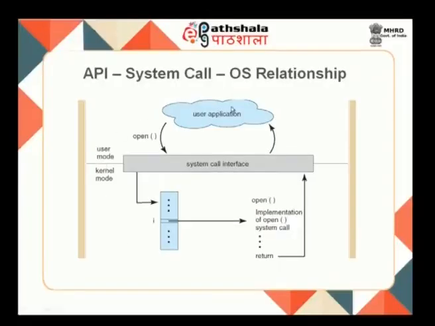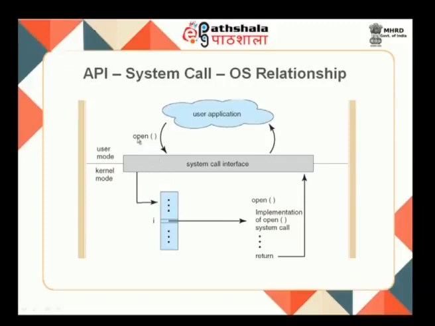Look at this: you have a user application in which there is an open system call. Within the user's program there is a call to open, and this open call will access the system call interface, and as I told you, there is a system call table maintained in the kernel. For this open call, the system call interface gets the corresponding number.